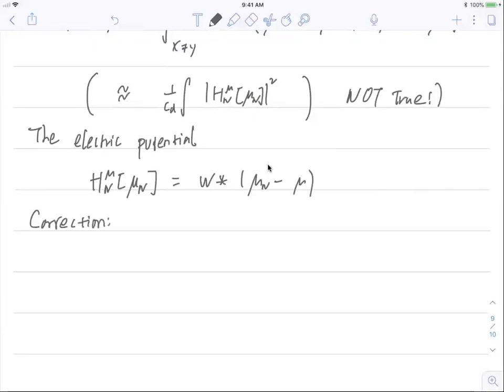So the correction is the following: we choose a parameter, and those are all positive.